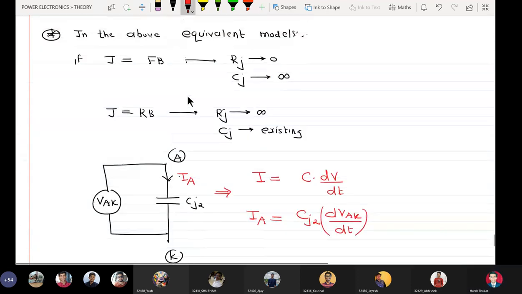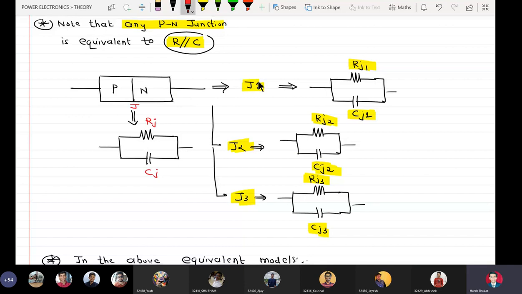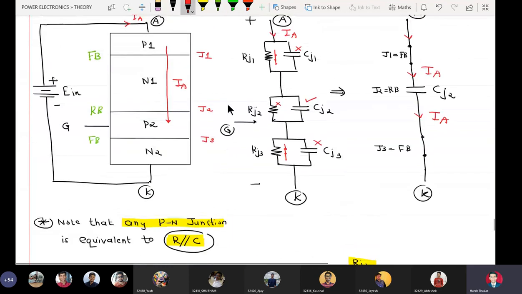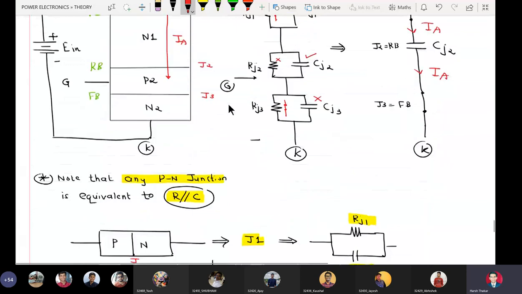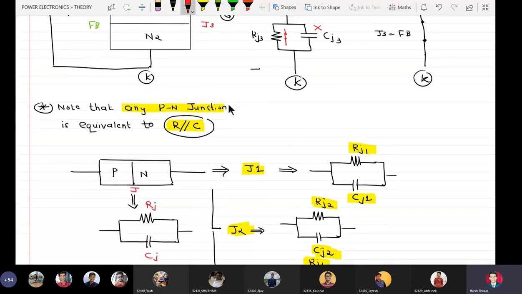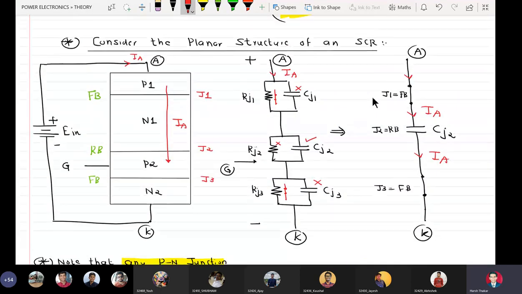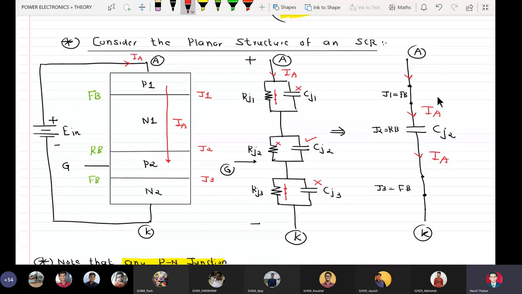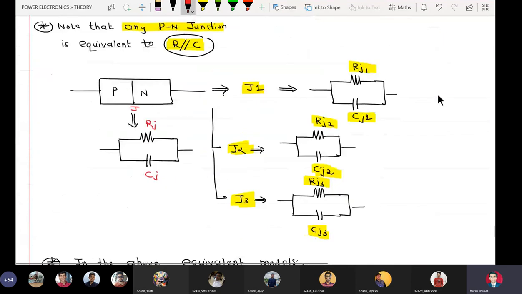Okay, so from the equivalent circuit of a PN junction, we have drawn the RC model of an SCR, and based on the concept of electrical equivalence of forward and reverse bias PN junction, we have concluded that when the SCR is forward biased, at that time the SCR is electrically equivalent to only one capacitor connected between anode and cathode.